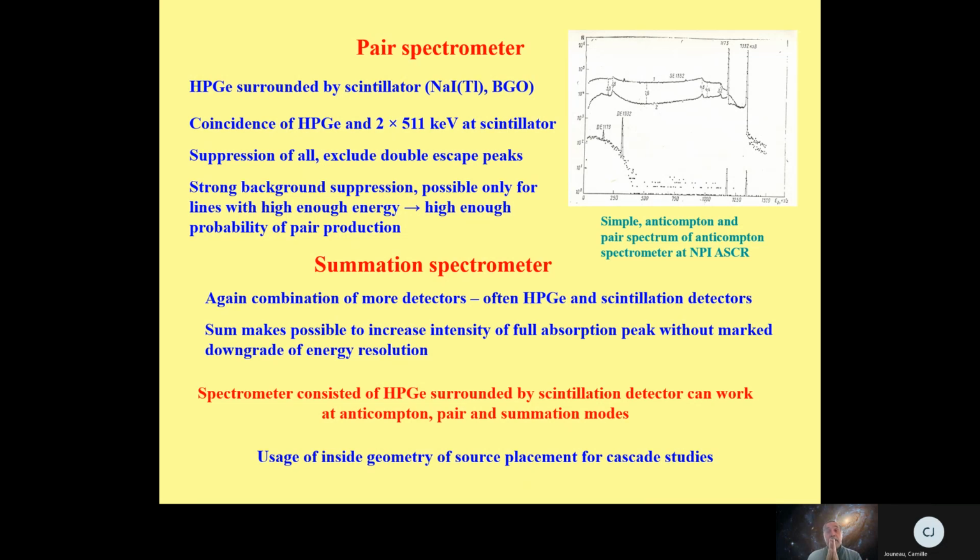That means it is necessary to have higher energy gamma lines. This is for detection of high energy gamma, because it's necessary to have enough energy to have the possibility to produce this electron-positron pair.